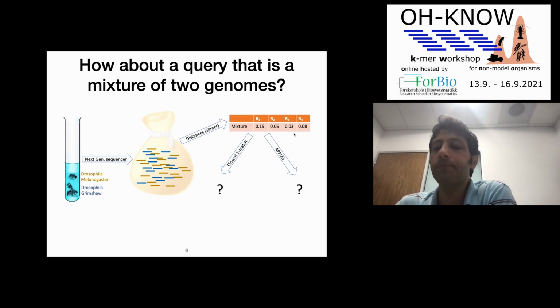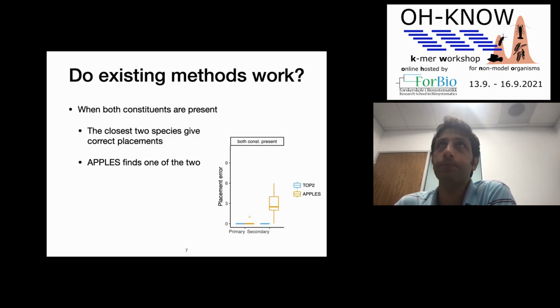Maybe somehow from the APPLES results we can tell. So the phylogenetic placement. Let's test that. We did a simulation where we take various pairs of Drosophilas, mix them together, compute distances to all the Drosophila, and use one of these two approaches, top two or just APPLES.